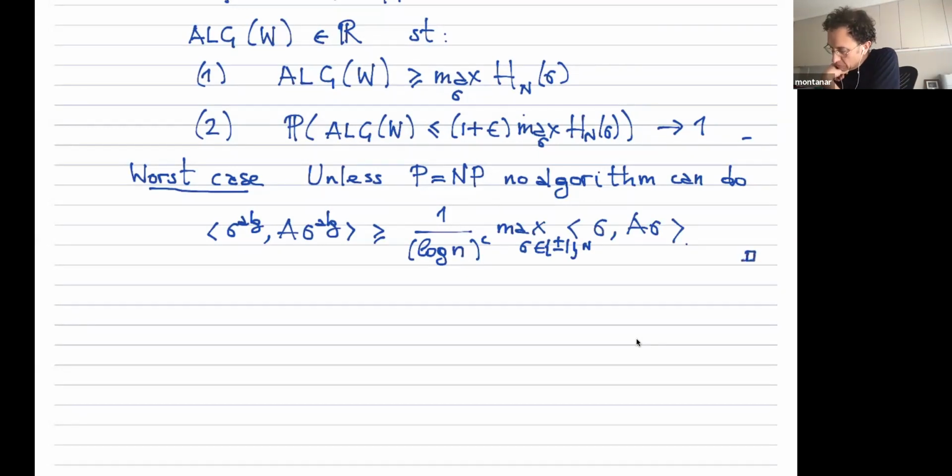So all algorithms are bound to have a worst case approximation ratio that is very large. It's not even a bounded constant.